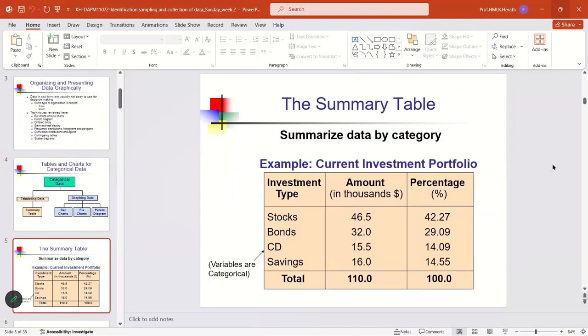So coming on to the tables, suppose we have some data on investment. Different people will invest in different things. We may have collected the investment patterns of different people who invest in different things: stocks, bonds, different certificates, and savings.